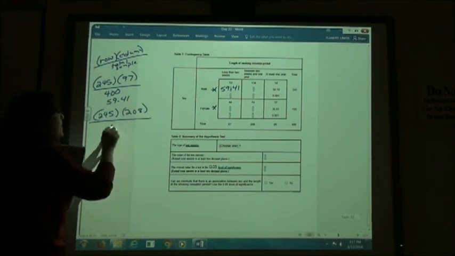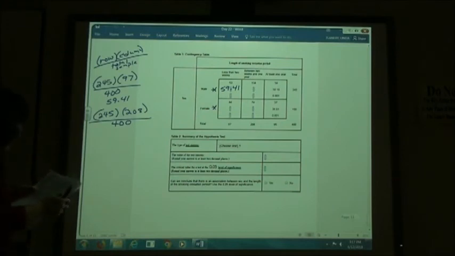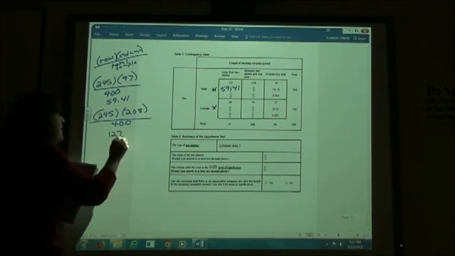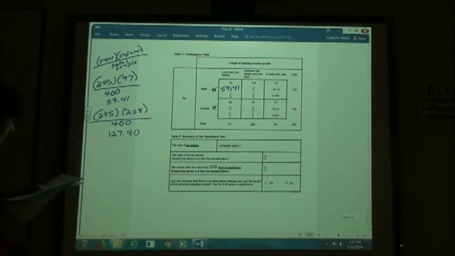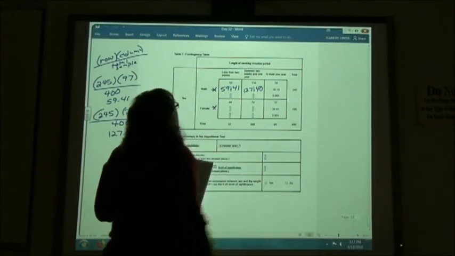Divided by my sample size, 400. So 245 times 208 divided by 400 should give you a value of 127.40.